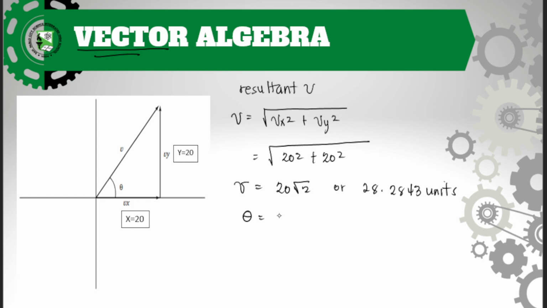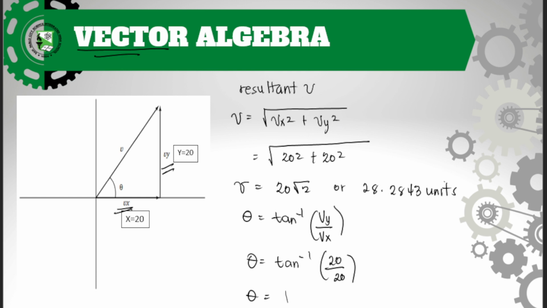Okay? Or, for this example, yung tangent negative kasi given na tayo ng x and y or the opposite and adjacent. So, tangent negative 1 vy over vx. Okay? So, angle theta, tangent negative 1, 20 over 20. So, angle theta, tangent negative 1, 1 is, would be the final answer.